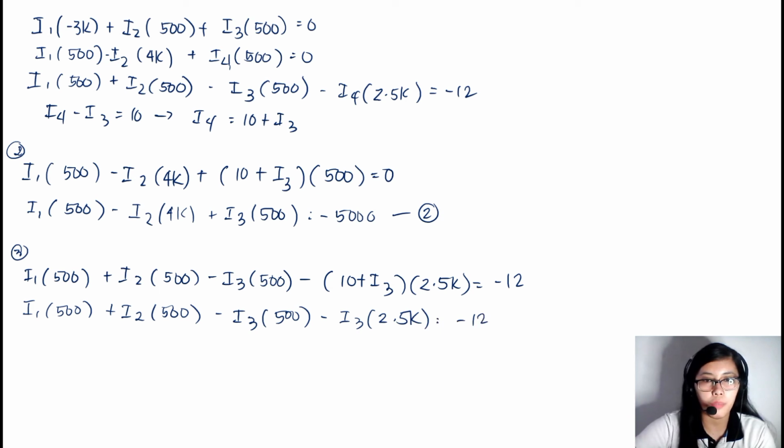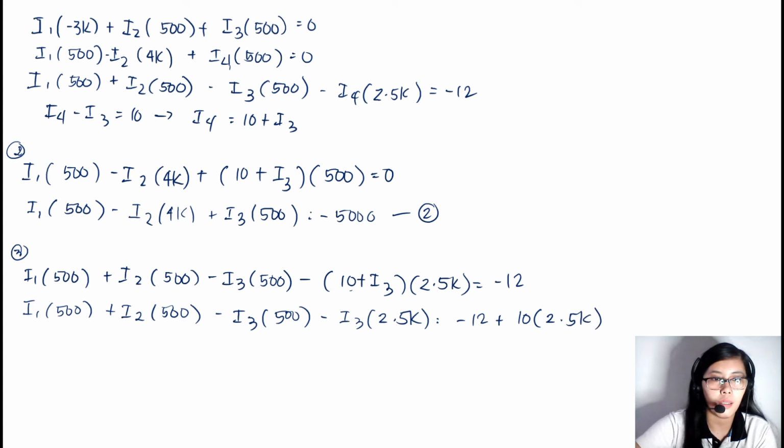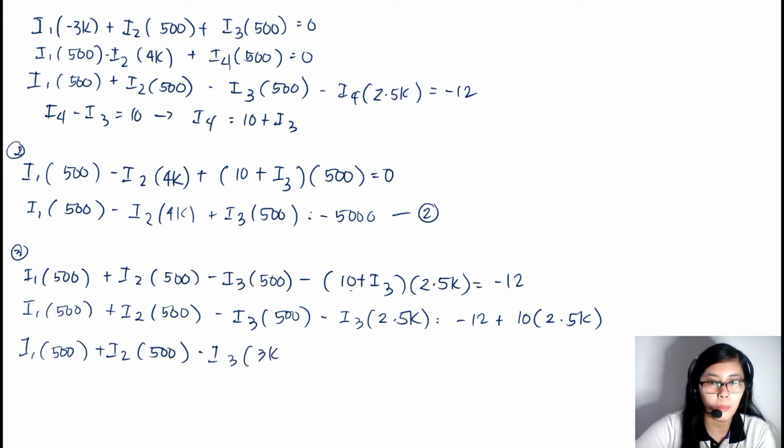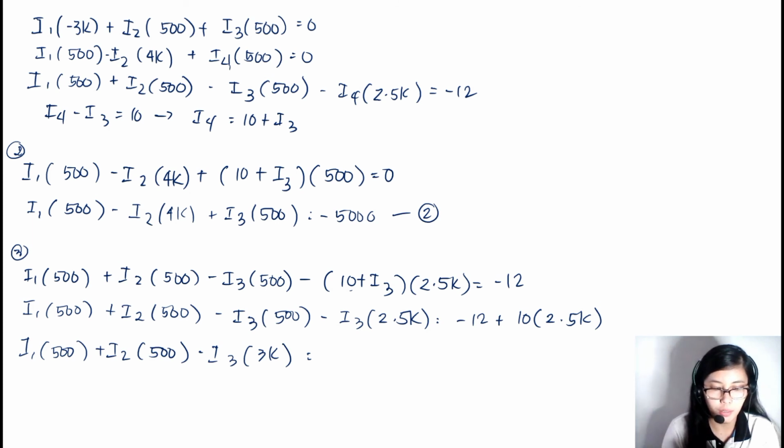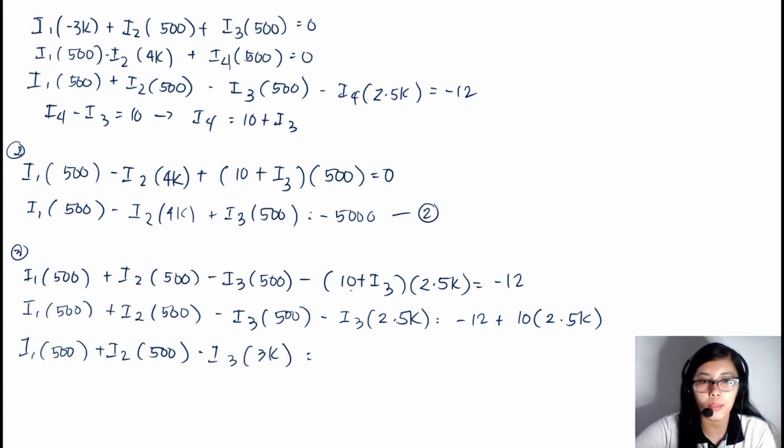Then negative 12K, we have negative 10 times 2.5K, and transposing to the other side, this will be 10 times 2.5K. So negative 12K plus 10 times 2.5K is 24,988. And that will be our new third equation.